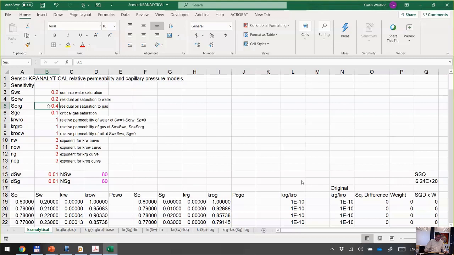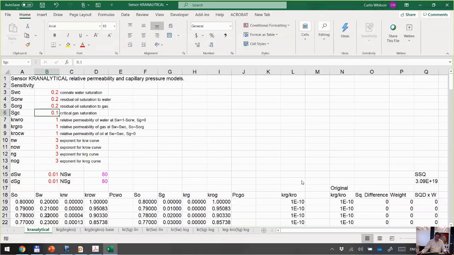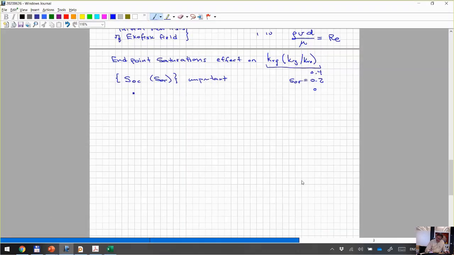If we go back and put this to 0.2, that's our default, so these should now be identical again. What I thought we'd do is try SOR, very little effect. So that's our first conclusion.